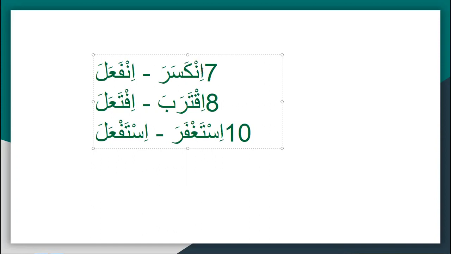So look at family number 7. Family number 7 starts with alif. All of these three families start with alif, but family 7 has the extra letters in. Okay, so the root is kaf, sin and ra, but in is in the beginning.